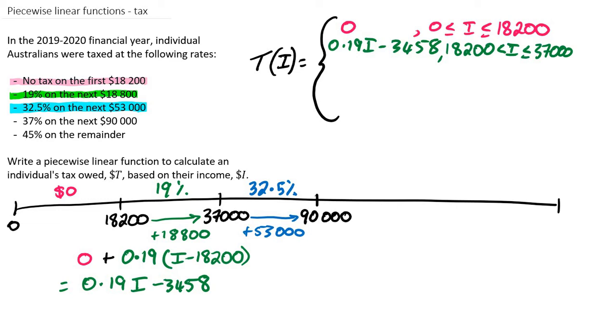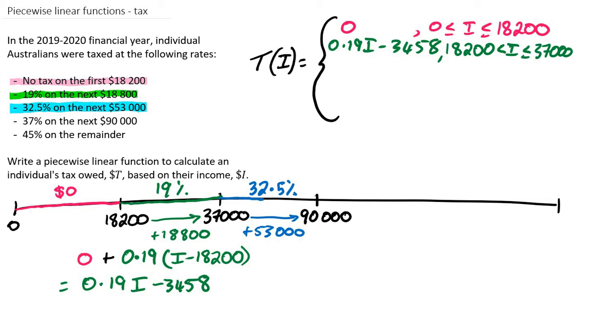So, a person whose income is in this region is going to pay $0 on the first 18,200, followed by 19% on the next 18,800, followed by 32.5% of the amount over 37,000.